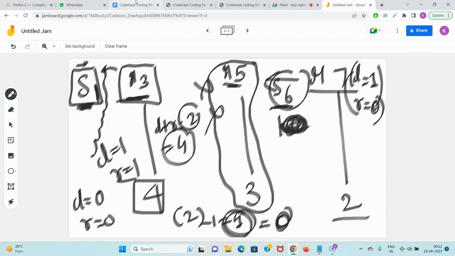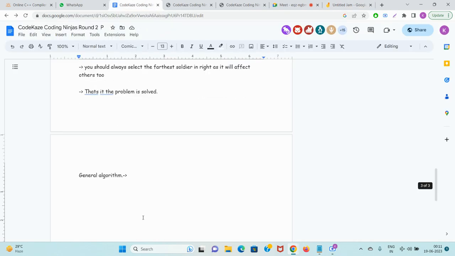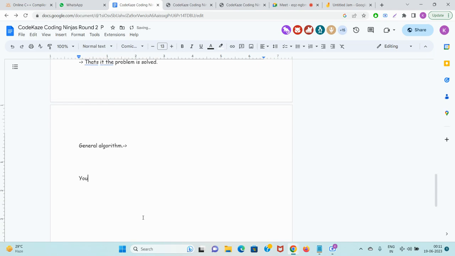So guys, can anyone tell me what will be the general algorithm now? You start iterating monsters from the left. You know L and R. Initially L is also 0, R is also 0.